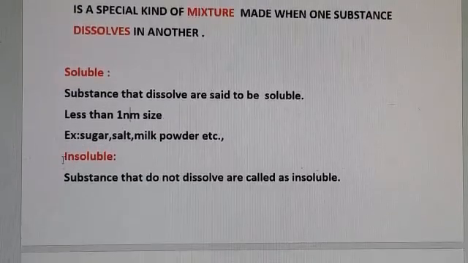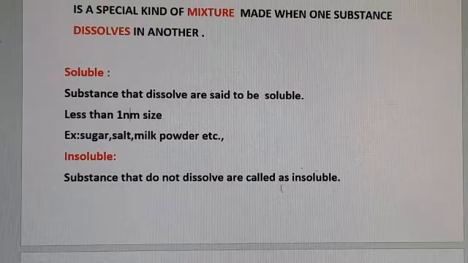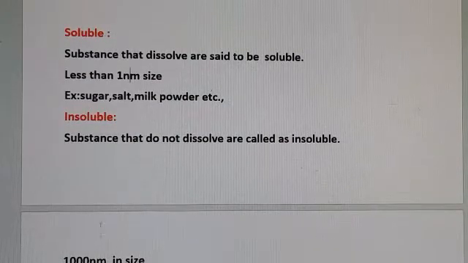Fine. Move on to the insoluble. The term insoluble says that substances that do not dissolve are called insoluble. It means it doesn't dissolve at all. Fine. And its size is about 1000 nanometer. Examples: sand, oil, paper, and nuts.